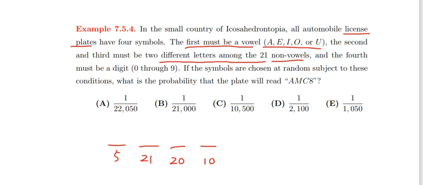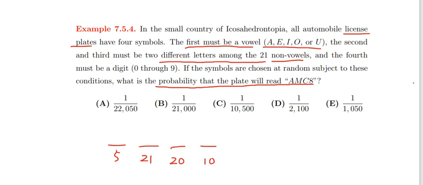Okay, so the question: what is the probability that the plate will read AMC8? So AMC8 is only one case: first one should be A, second one should be M, third one should be C, and then 8.